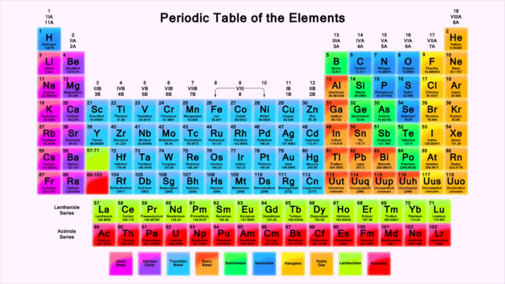Electronegativity is how attractive an element would be at grabbing an electron off of another element. Fluorine is the most electronegative element on the periodic table.